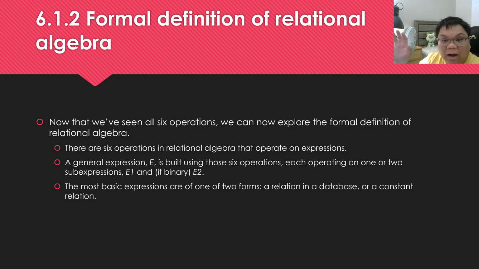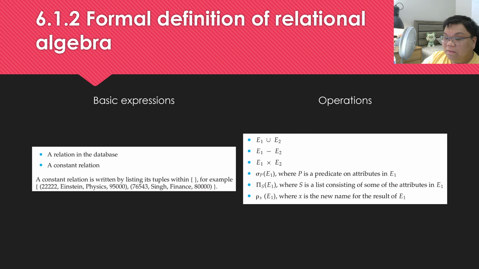So, expressions are built off of smaller expressions, which themselves are built from even smaller expressions. The further down you get, you're eventually going to get down to the smallest possible expression, and that's the 2 basic forms of an expression, a relation in a database or a constant relation. So, your basic expression is going to be one of those 2 forms.